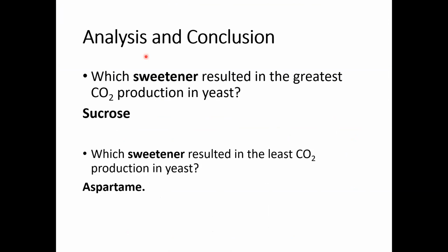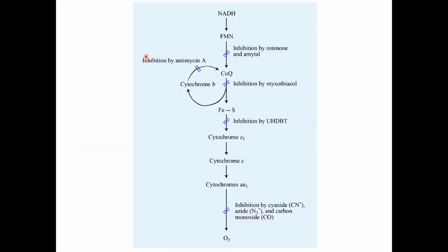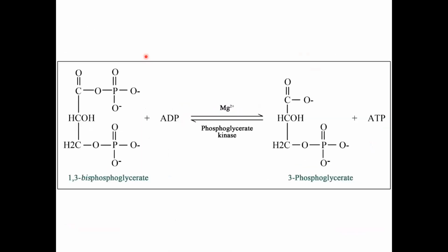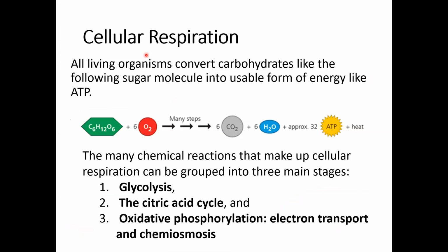Very briefly, I just want to make sure you understand these concepts. Make sure you know the 3 main phases of cellular respiration, which are shown here: glycolysis, the citric acid cycle, and oxidative phosphorylation via the electron transport chain.